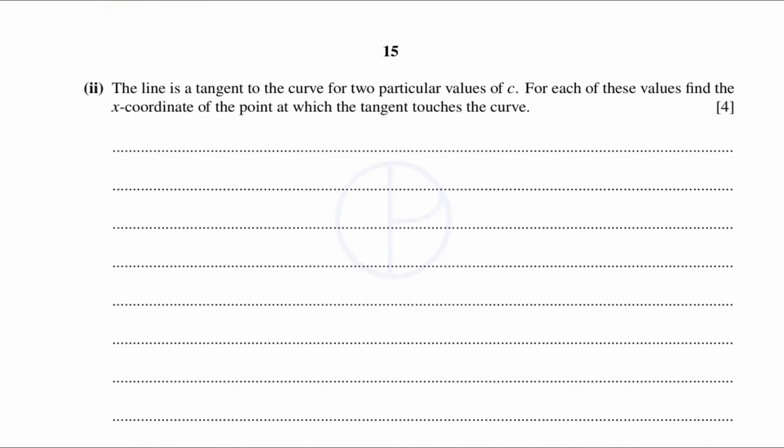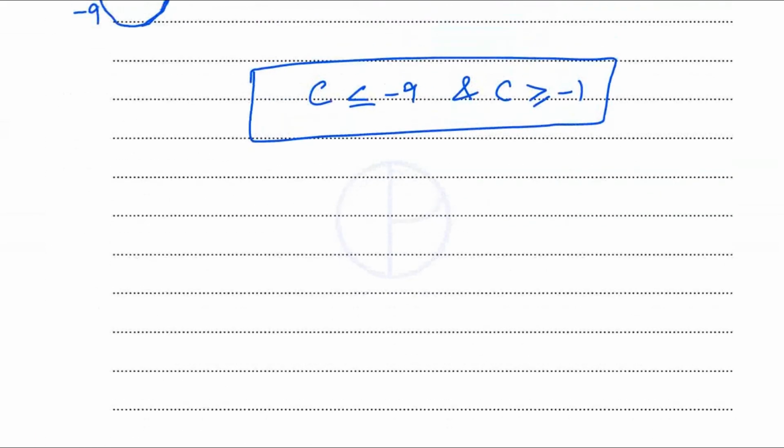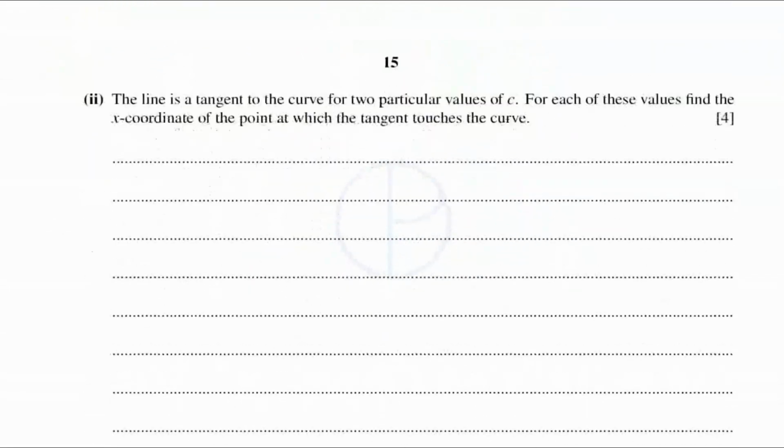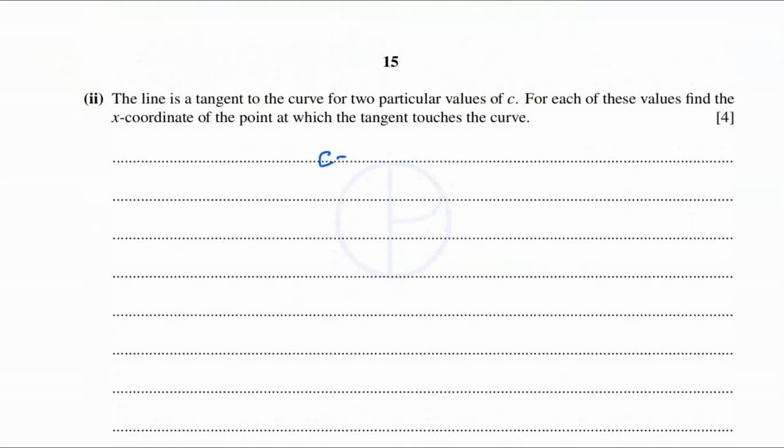The next part of the question is, the line is a tangent to the curve for two particular values of c. For each of these values, find the x-coordinate of the point at which the tangent touches the curve. The line is a tangent, that means b square minus 4ac is equal to 0. So c plus 9 times c plus 1 is equal to 0.